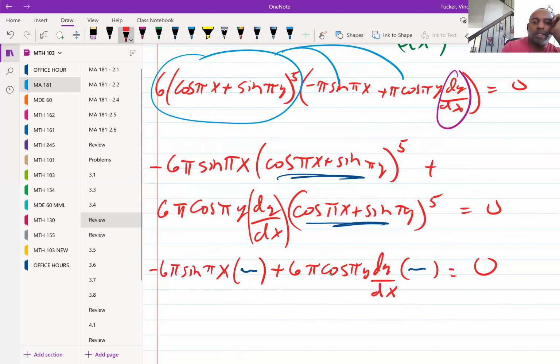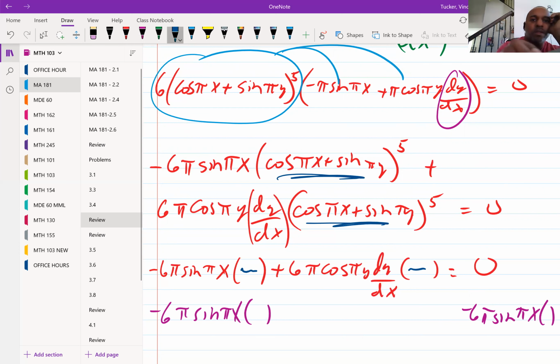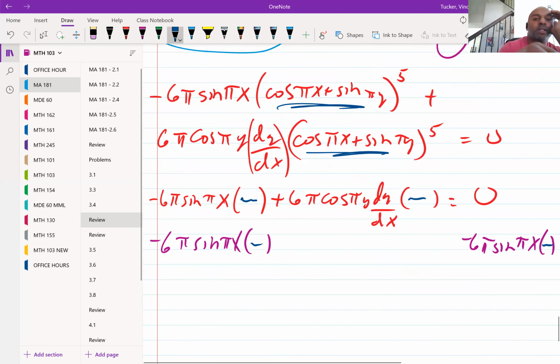All right, so I need to get this and take it over there. Because remember, we're trying to solve for dy/dx. So I'm going to subtract 6 pi sine pi x from both sides. That cancels here.